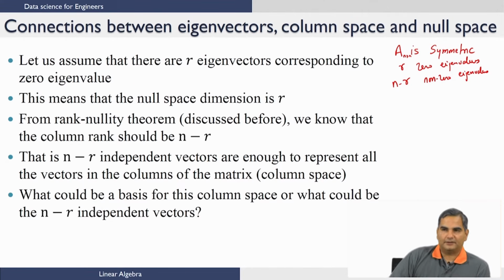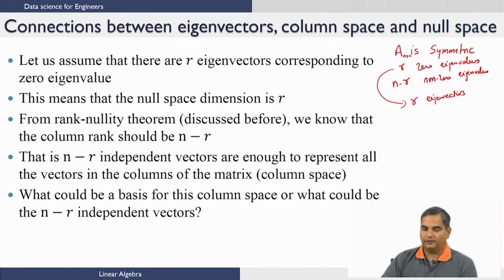And from the previous slide we know that the R eigenvectors corresponding to these R 0 eigenvalues are all in the null space. So, since I have R 0 eigenvalues, I will have R eigenvectors corresponding to this. All of these R eigenvectors are in the null space, which basically means that the dimension of the null space is R, because there are R vectors in the null space.